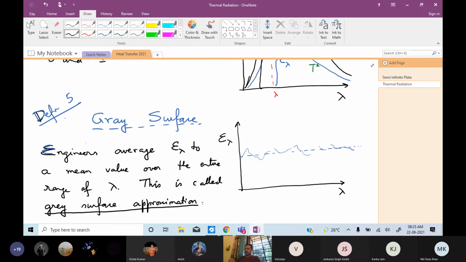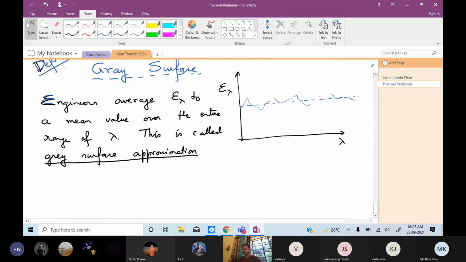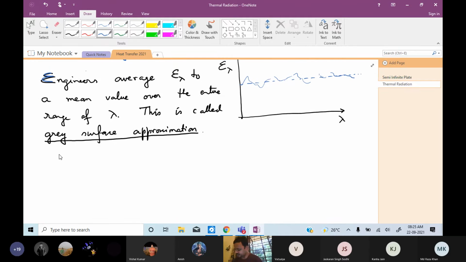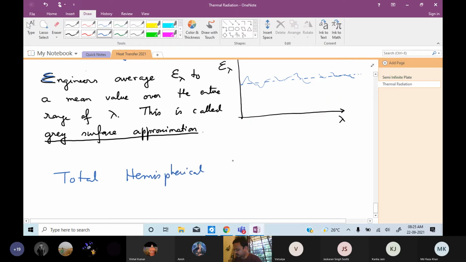Okay. So what are the 5 definitions we have come up with? Let us write them down. Total hemispherical emissive power. Total hemispherical emissivity.